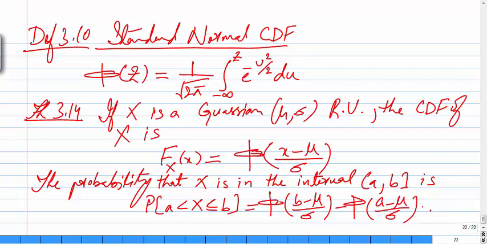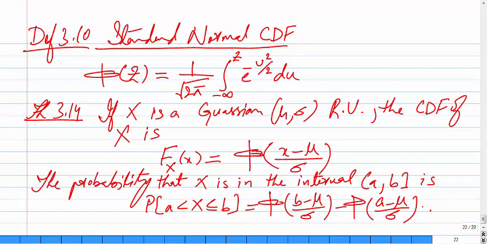So this is a very important relation, because we use this a lot, and you have to understand this very carefully. Listen, we have a Gaussian random variable which has mu as the expected value and sigma as the standard deviation. When mu is 0 and the standard deviation is 1, in that case the random variable is known as the standard normal random variable.